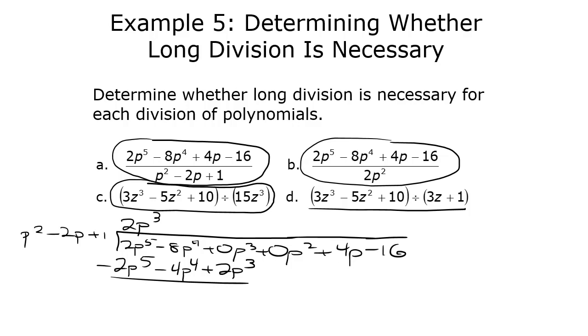All right, change signs and add. So negative 8 plus 4 gives me negative 4p to the 4th. Add these two together, 0 plus the negative, so it's really just negative 2p cubed. And then we have the 0p squared. And now we repeat the process. So negative 4p to the 4th, p squared into that.